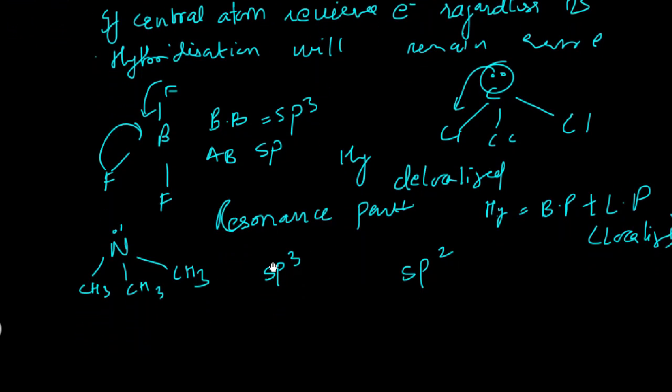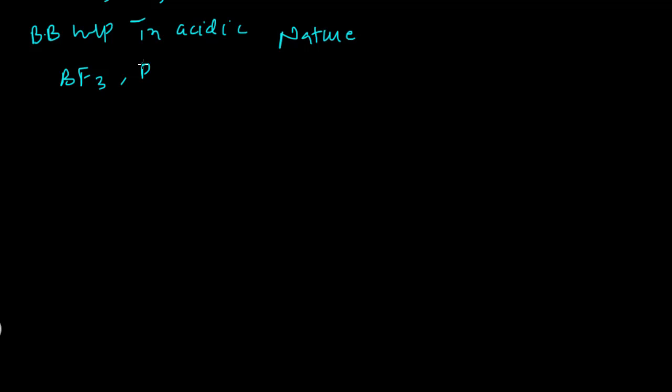So what else does back bonding help us in? Back bonding helps us in the idea of the acidic nature of a compound. So how does it help you in knowing whether a compound is more acidic or not? So yeah, BF3, BCl3, BBr3, BI3, all of these are Lewis acids.